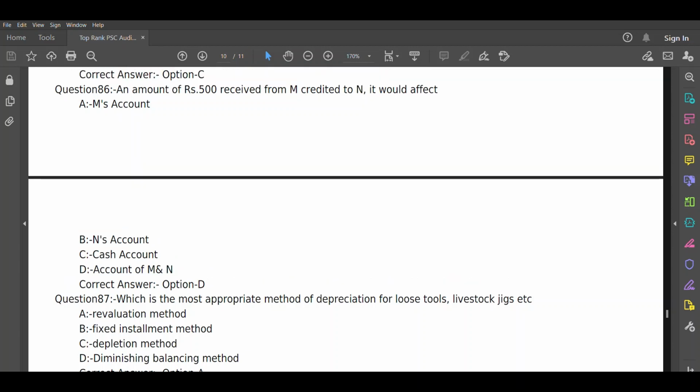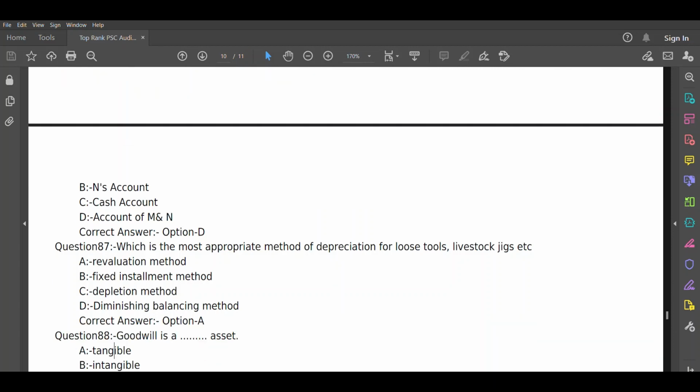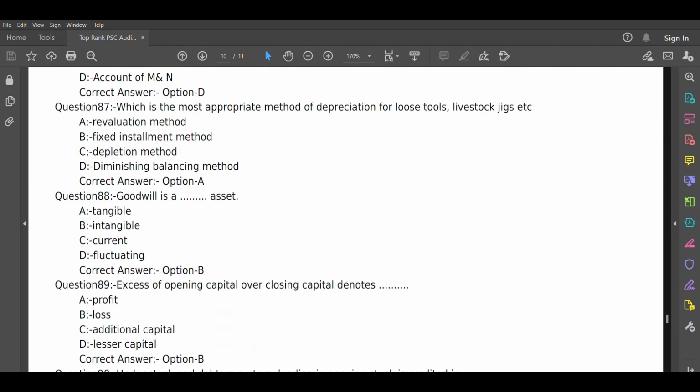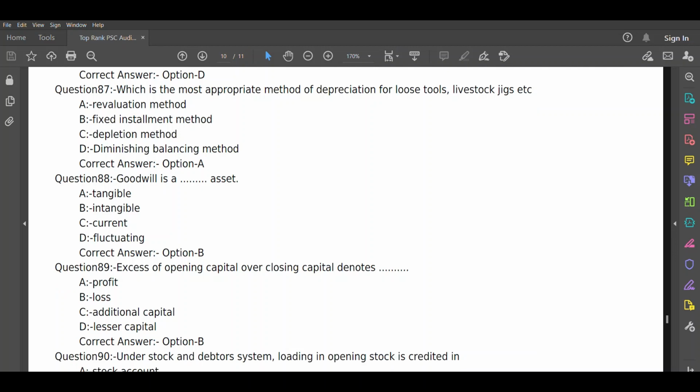An amount of rupees 500 received from M credited to N. It would affect account of M and N. Which is the most appropriate method of depreciation for loose tools, livestock, jigs, etc.? Revaluation method.